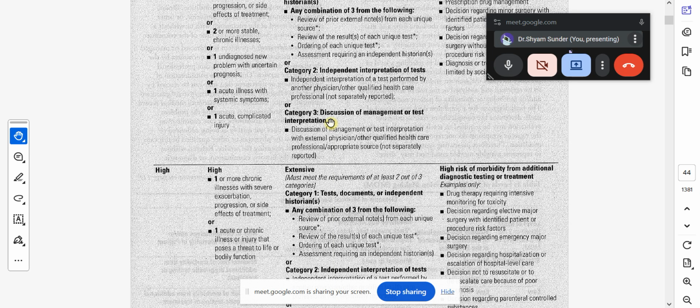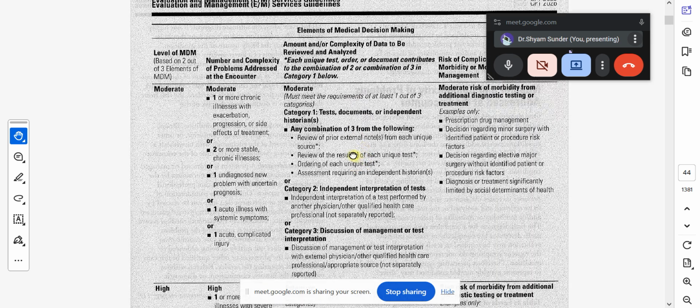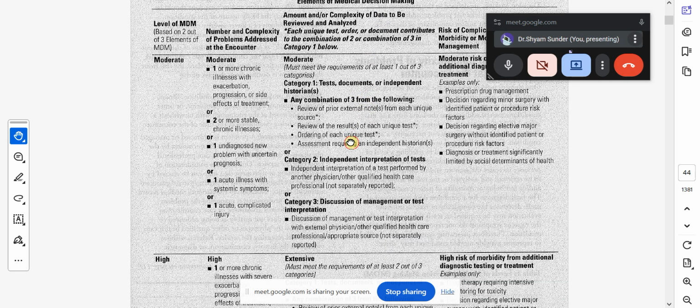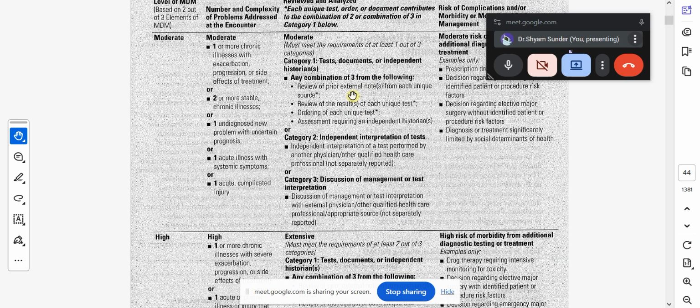So yesterday we have seen that for every code, 99202, there is a time that is determined, right? Average time. So as the data is increasing, as the workup is increasing, what happens? The time taken for the visit is also increased. So that is what we are talking about here. The complexity of data increases as the source of data is increasing.